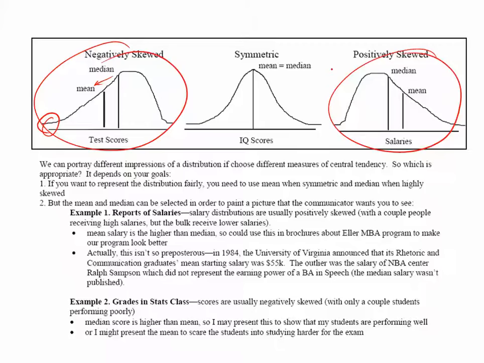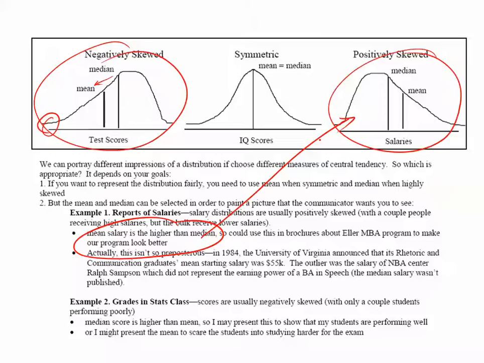For example, if we want to report salaries, salary distributions are typically positively skewed, with a couple of people receiving extremely high salaries. So the mean salary is commonly higher than the median salary. In this way, we could present the mean, and it would actually be much higher than what we might expect as the middle of our distribution.